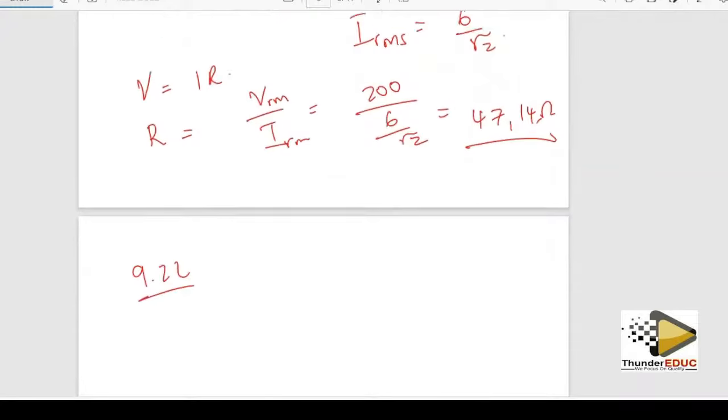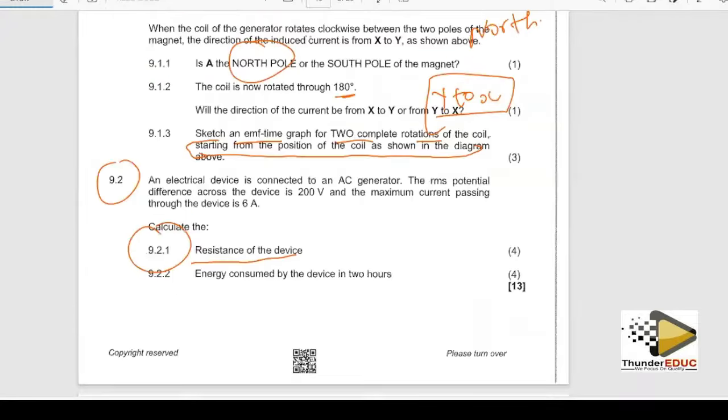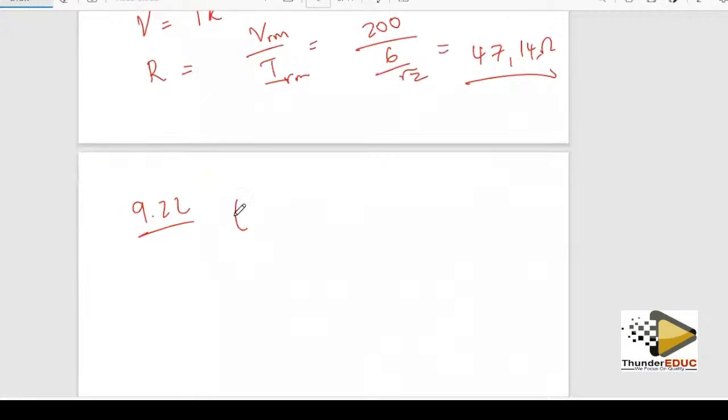In 9.2.2, they want us to get the energy that is consumed by the device in a time of 2 hours. So time is 2 hours. We need to change these 2 hours to seconds. That's 2 times 60 minutes times 60, which gives 7200 seconds.